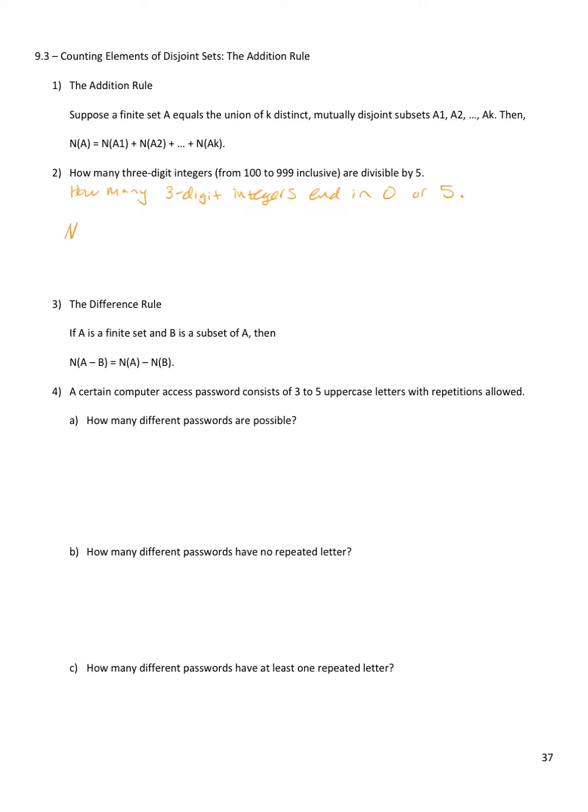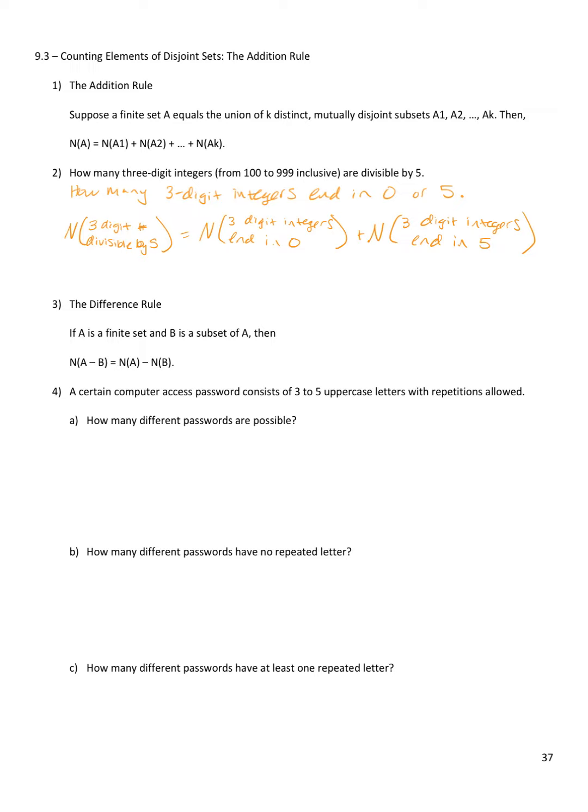So the number of three-digit integers that are divisible by 5 is going to equal the number of three-digit integers that end in 0 plus the number of three-digit integers that end in 5.